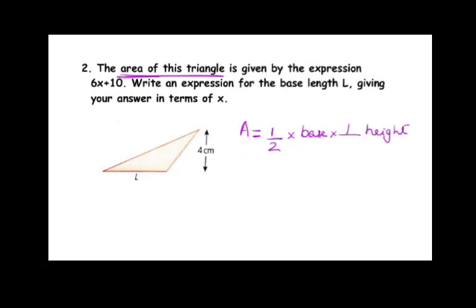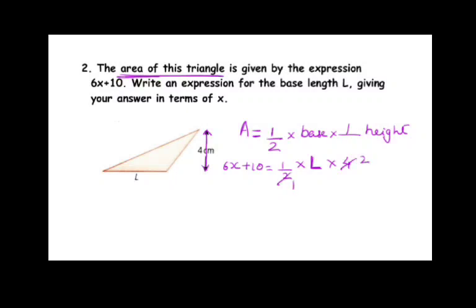Correct? So they say that the area of this triangle is given, and what is it? 6x plus 10 equal to half. And the base length they've asked us to consider as L. And what's the perpendicular height? This is the perpendicular height, which is 4 centimeters. So 2 ones are 2 twos are.